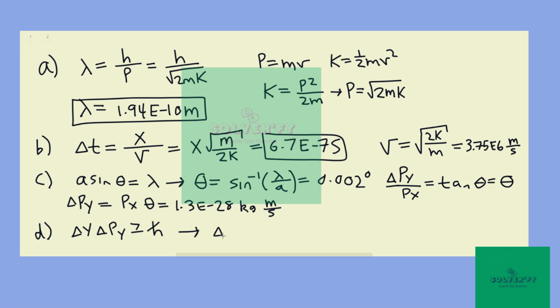Thus, delta y is simply h bar over delta Py, which comes out to be about 8 times 10 to the negative 7 meters.